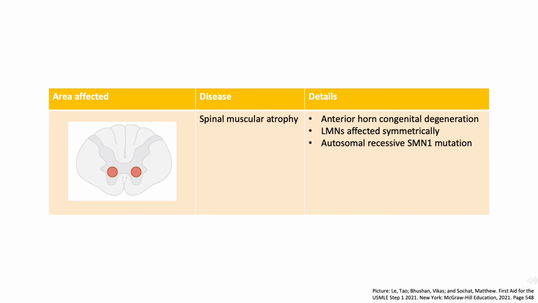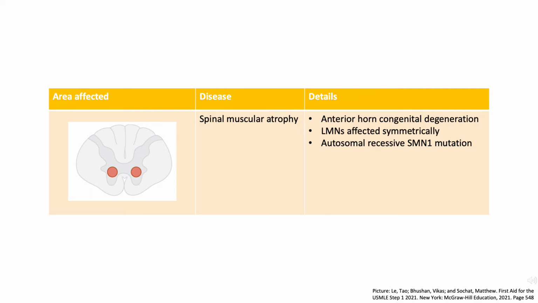The first disease which I will mention is spinal muscular atrophy. This is a congenital disease. It is genetically inherited, and it basically involves degeneration of the neurons who have their cell body in the anterior horn of the spinal cord with time. So basically what you will see in the patient is lower motor neuron symptoms. I will not talk about this in detail because there is not enough time, but you do need to know what the lower motor neuron symptoms are.